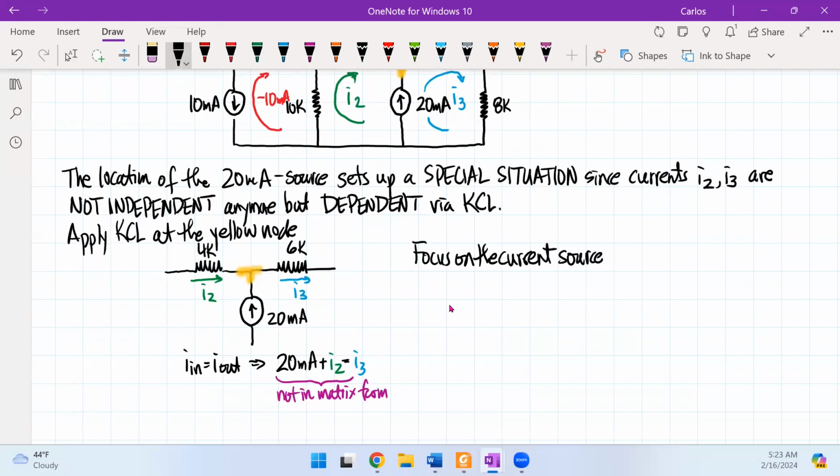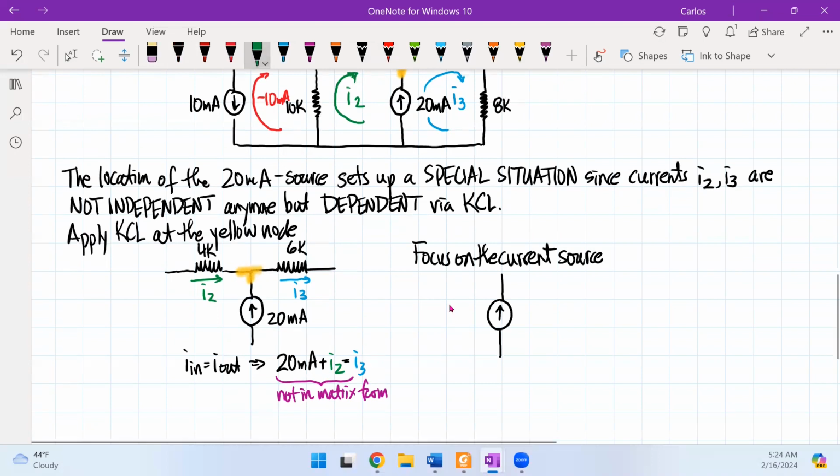And when you look at the current source, it really looks like this. So if you look at the current source, look what's happening. Our loops show that we have to have what?